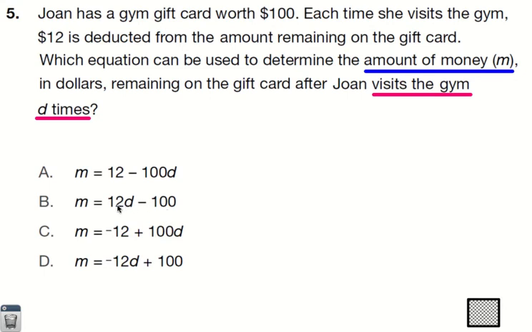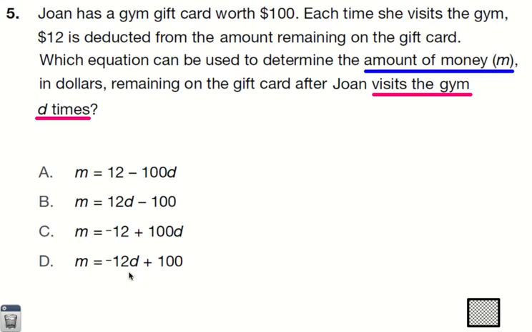But I think we're getting close. Doesn't it make sense to multiply 12 to the number of visits, because $12 is deducted every time, for every visit? So it does make sense to sort of multiply 12 or maybe negative 12 because it's being deducted.